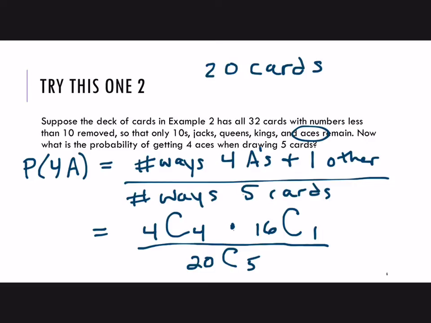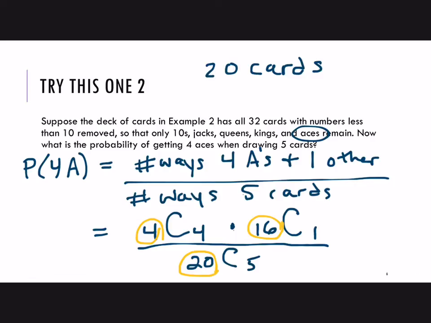A couple of notes about this, things you can check to make sure your formula is set up correctly. If you're choosing 2 different things, like here we've got aces and other cards, then you're going to use the fundamental counting principle and multiply between the 2 combinations. Notice that the 2 n's in the numerator should add up to the n in the denominator.